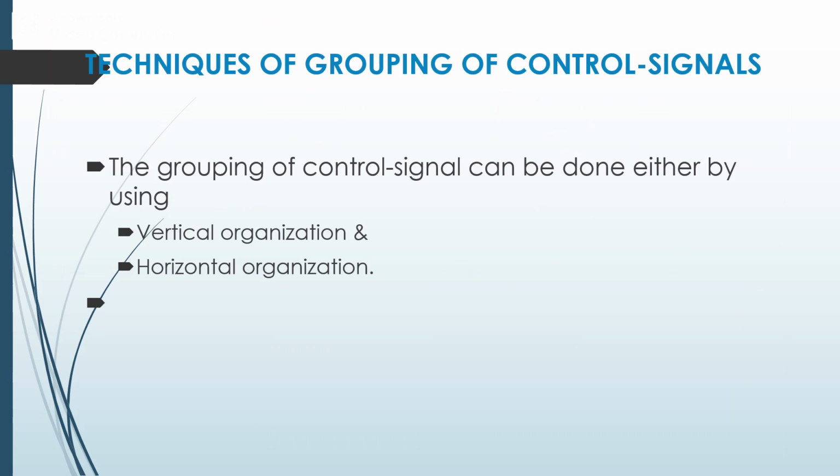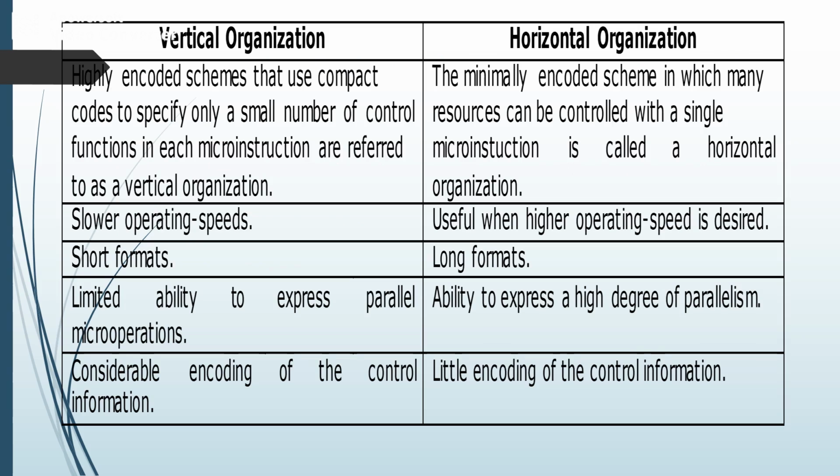Techniques of grouping of control signals. We can group the control signals either in vertical organization or in horizontal organization. In vertical organization, many encoded schemes that use compact code to specify only a small number of control functions in each micro instruction are referred to as vertical organization.